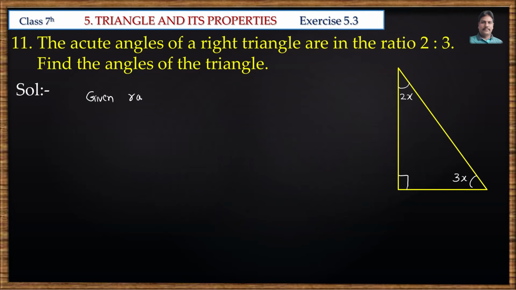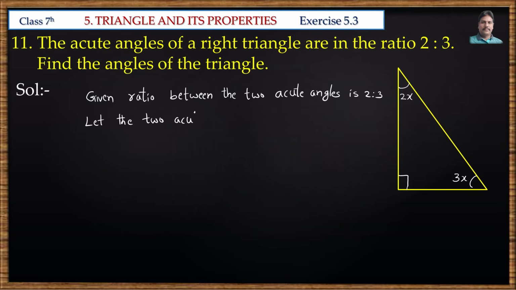Given ratio between the two acute angles is 2:3. Let the two acute angles be 2x, 3x.